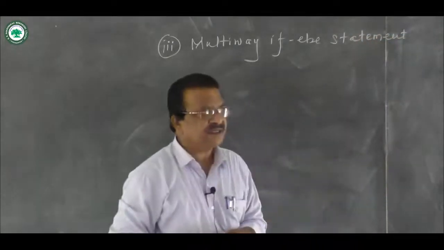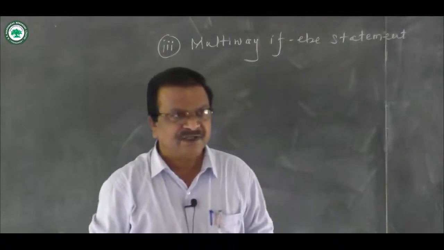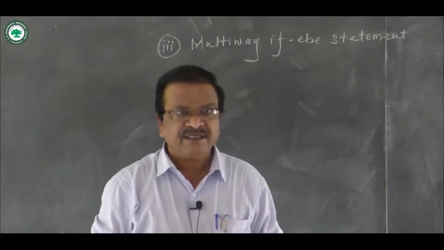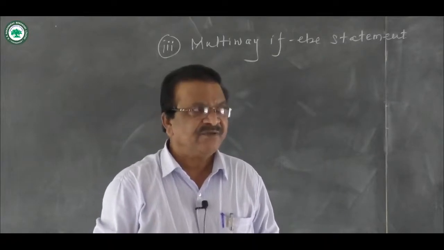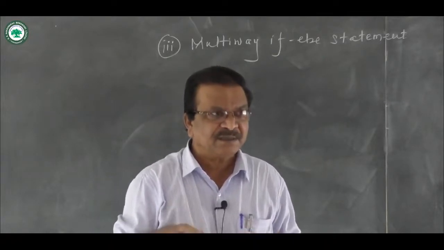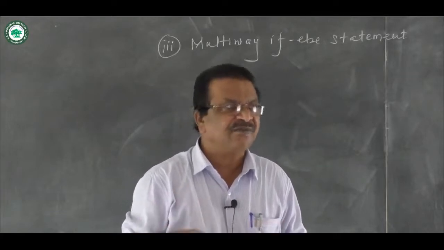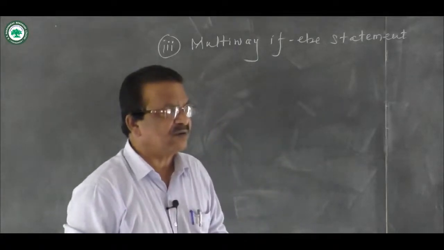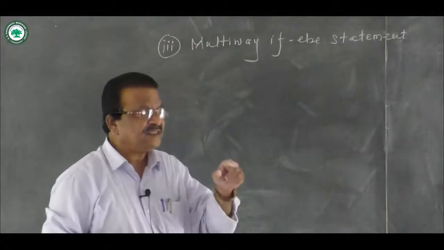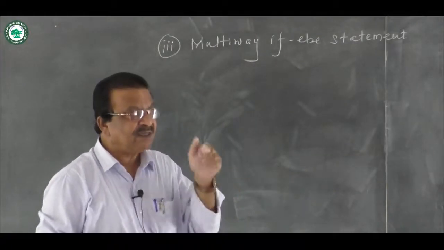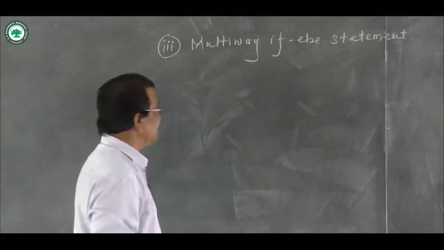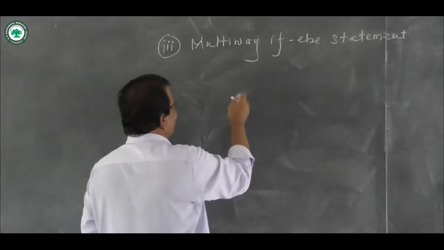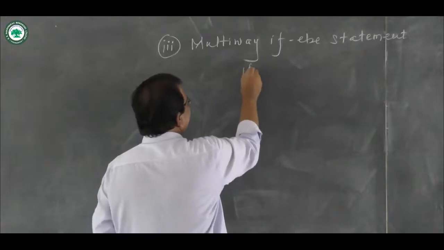This is a special form of nested if-else statement comprising a sequence of cascaded if-else statements where each if-else statement, except the last, has another if-else statement in its else block. Each if-else statement will have another if-else statement in its else block except the last else. So the general form is as follows.